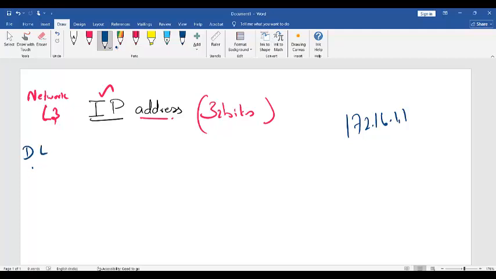Data link layer is what? Layer 2. This address, which is called MAC address, is the same address. When you are in office, 172.16.1.1 is your IP. The MAC address is the same as what you had at your home when the IP address was 10.0.0.1.